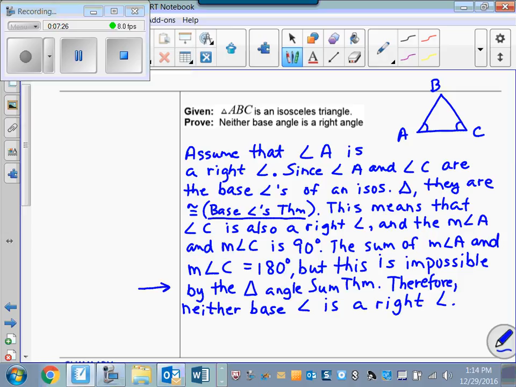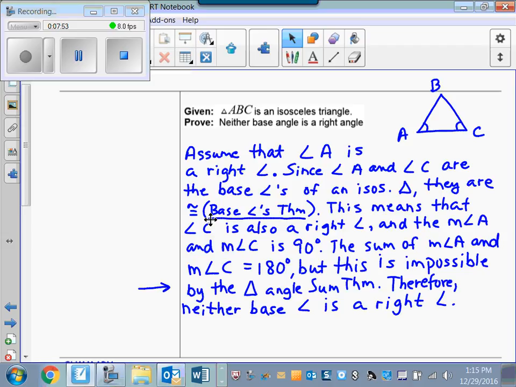And therefore, since the sum of two angles in a triangle can't be 180 degrees, neither base angle in this isosceles triangle, or any isosceles triangle, can be a right angle. You might find some more problems in your textbook to practice writing indirect proofs, but for now I think your time would be better spent reviewing for your quiz.